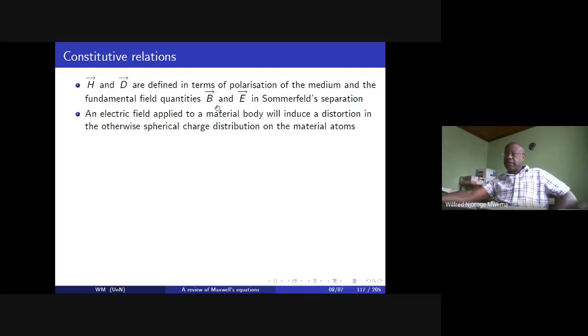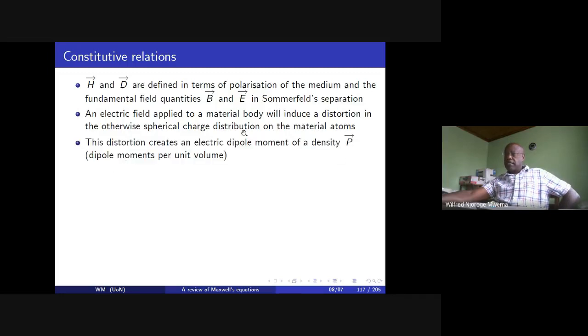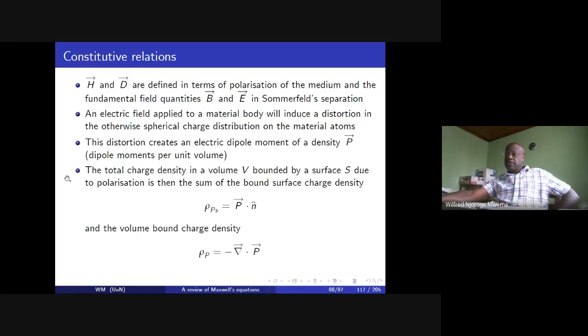So an electric field, when applied to a material body, will induce a distortion on the spherical charge distribution of the material atoms or molecules. And this distortion will then create an electric dipole moment whose density P, or dipole moments per unit volume, will be called a polarization.